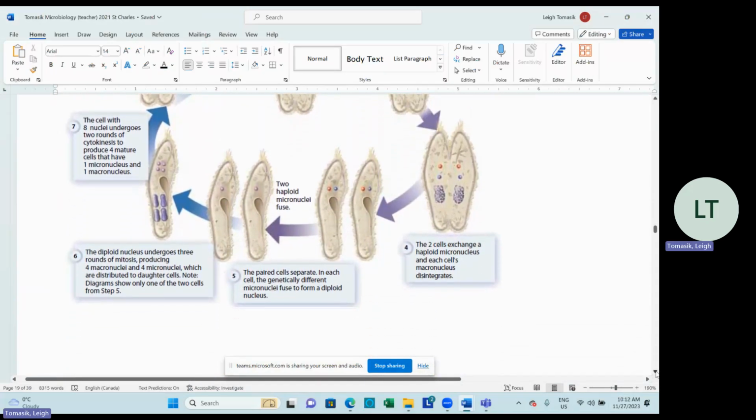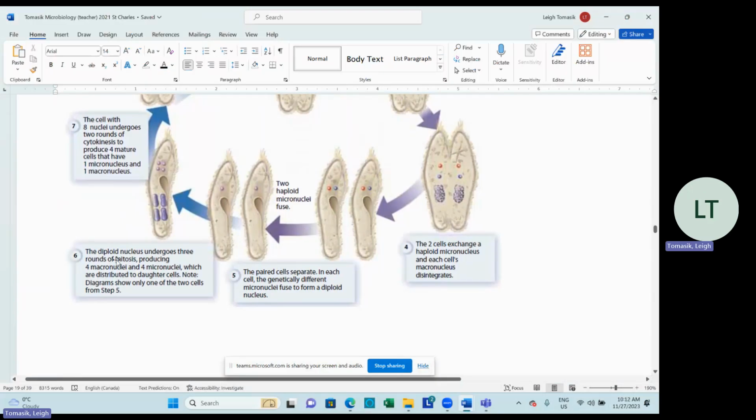Then the two cells exchange a haploid micronucleus, and each cell's micronucleus and macronucleus disintegrates, and then the paired cells separate, and the genetically different micronuclei fuse to form a diploid nucleus. So crazy, right? So the micronuclei are going to come together and make a new nucleus that is genetically different.